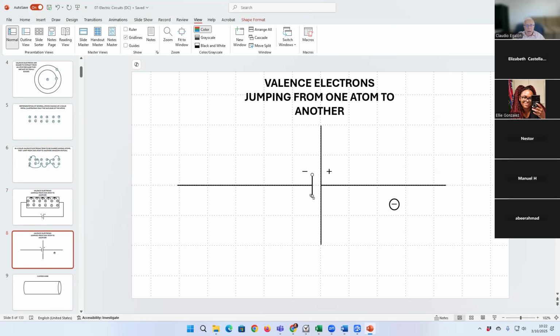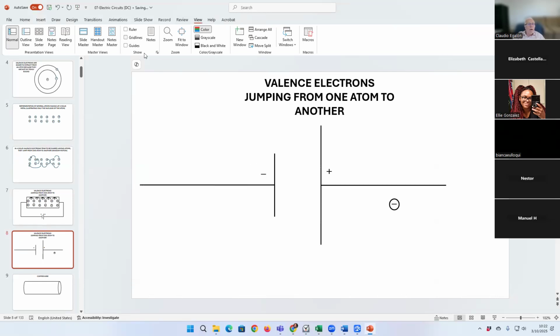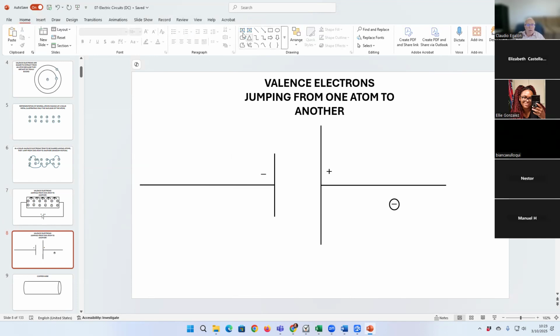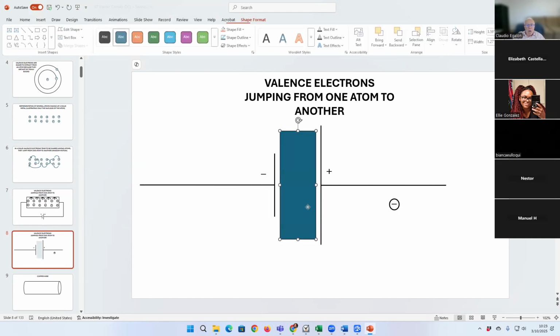Now I'm going to increase the size of the negative terminal as well, and put a larger spacing between the negative terminal of the battery and the positive terminal of the battery. So what you have right in here is just like a chemical power plant, right in between the two terminals.